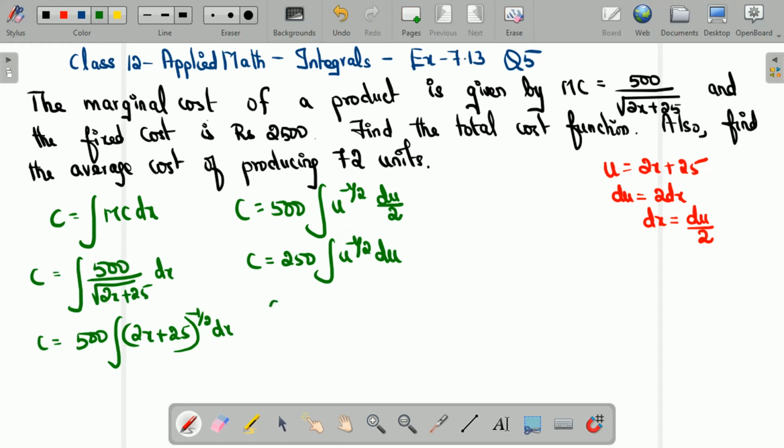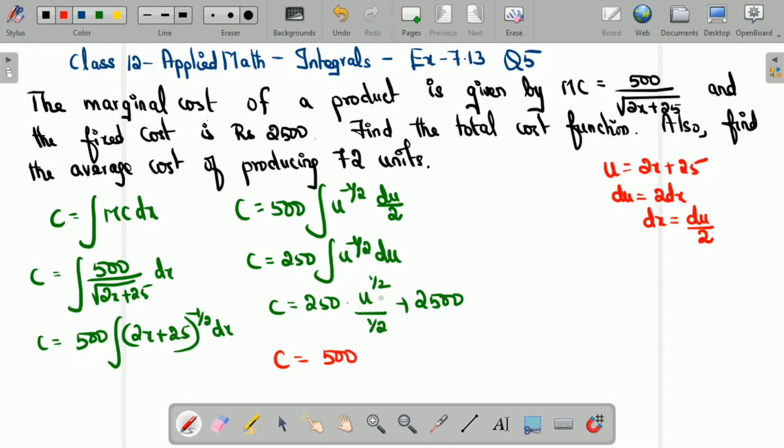So normally let's do the integration. So C is equal to 250 into u to the power half divided by half plus the constant, which is nothing but the fixed cost, so plus 2500. So now let's simplify. So C is going to be equal to 1 by 2 in the denominator, 2 will go to the numerator.